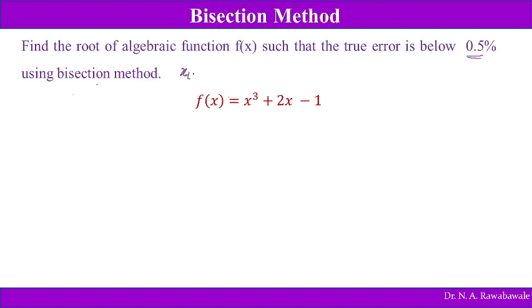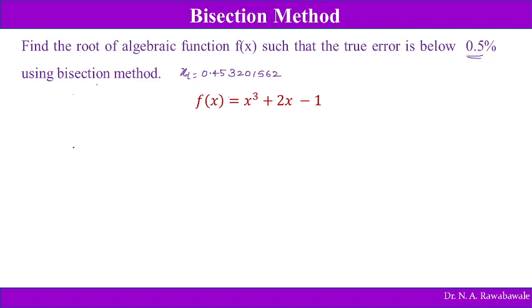The true value of x is 0.453201562, the true value of its root. Now he is asking us to find the approximate root of this equation using the bisection method.